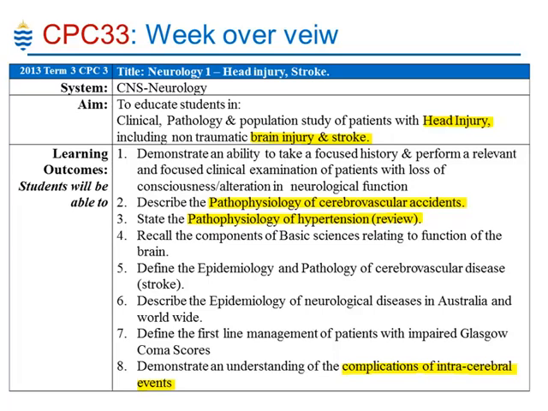Week 3, starting with the big system, central nervous, with head injury and brain injury, stroke. Pathophysiology of cerebrovascular accidents. Briefly, it was a review of hypertension, but we moved it to the last CPC.